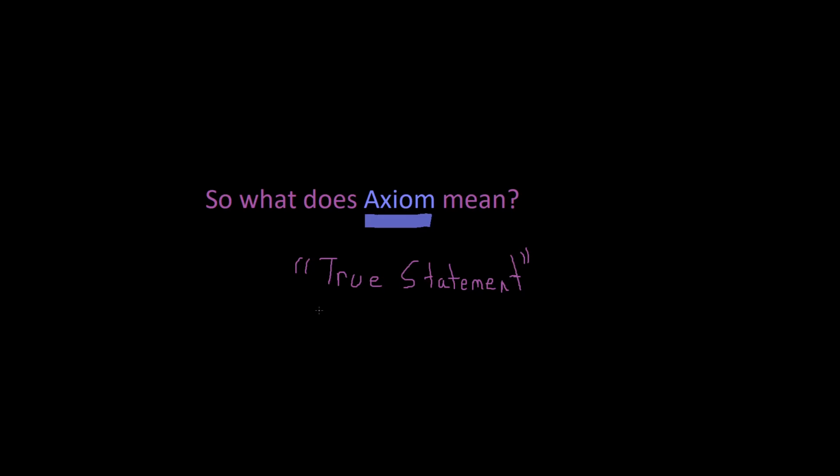So there's 2 things to get out of what an axiom is. It's a true statement, and it's a starting point for ideas. And so what does it mean to be a starting point for ideas?